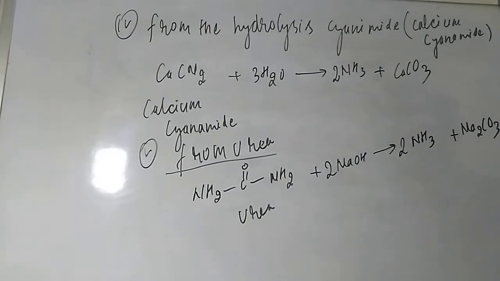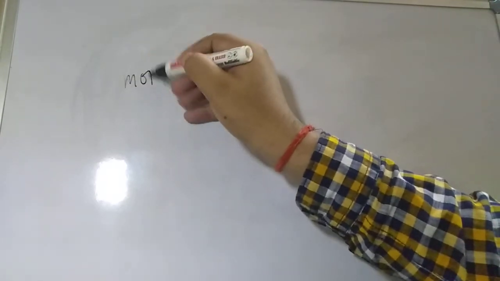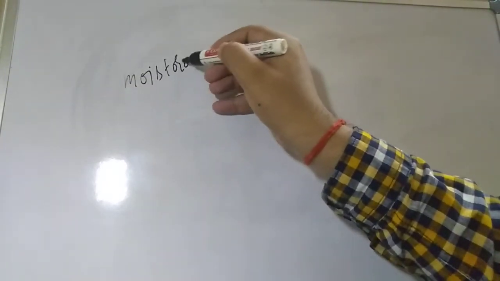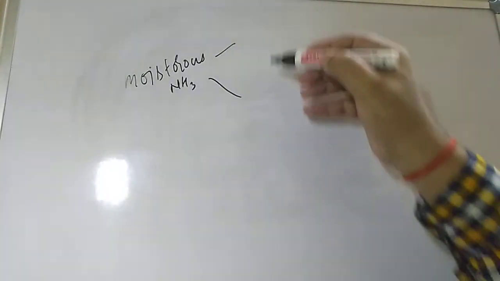Now, another point we have to remember in this method: when you prepare ammonia, it is generally present as a liquid due to hydrogen bonding. So for drying purposes, suppose there is moist liquid ammonia. What will we use and what will we not use?